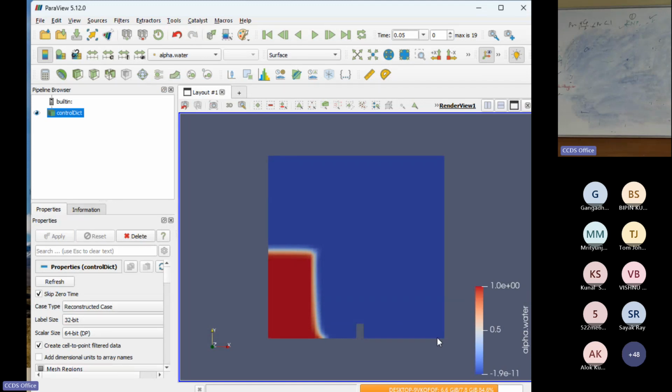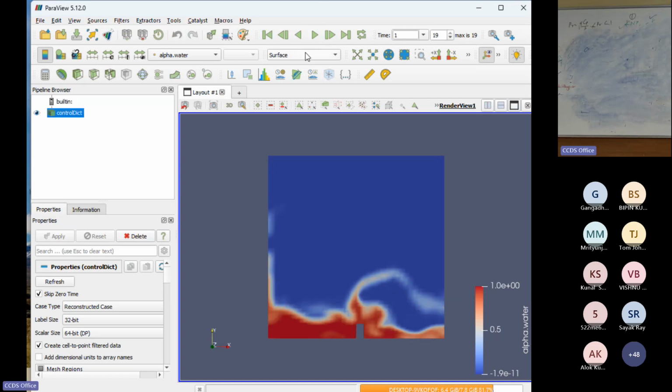Oh, okay. So actually the setFields command was missing. So I ran it again and you can see this is the initial condition. This is the water column and how it will break. See.